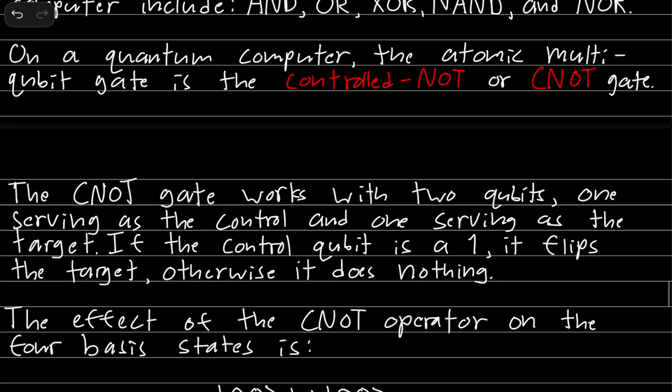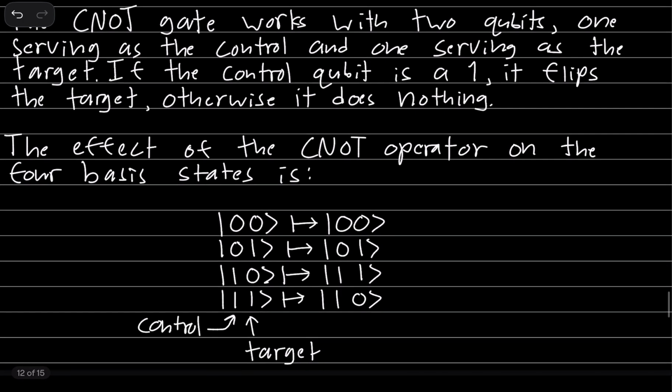So the CNOT gate works with 2 qubits, one serving as the control and one serving as the target. If the control qubit is a 1, it'll flip the target, otherwise it'll do nothing. And we can see that here, right? So if this column would be our control, this would be our target.